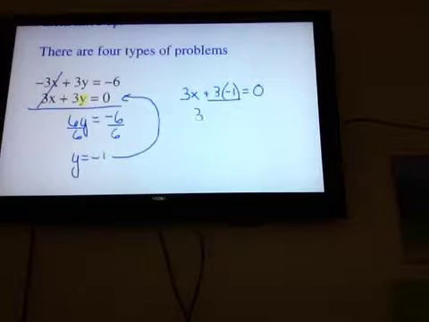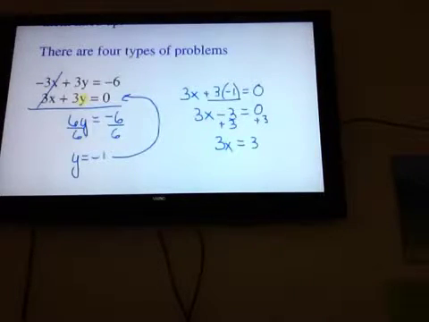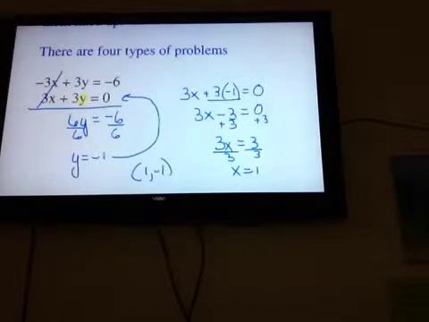So 3 times negative 1 is negative 3, equals 0. Add 3 to both sides. And 3x equals positive 3. And then divide by 3. And x is 1. So 1, negative 1 for my final answer.